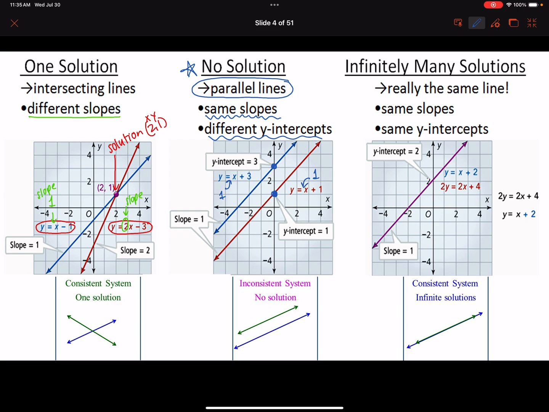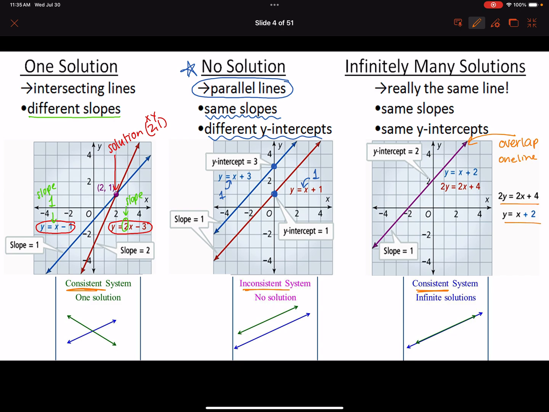Then the last case is where everything is the same. Again, this is something that we've talked about before. We have talked about when there's infinite solutions. Some people call this a consistent system, right? Which one solution is also a consistent system, whereas no solution is inconsistent. That might come up in your homework, but one solution, no solution, and infinitely many is the most common. And all that means is that when you graph the lines, they overlap so that it looks like there's only one line.